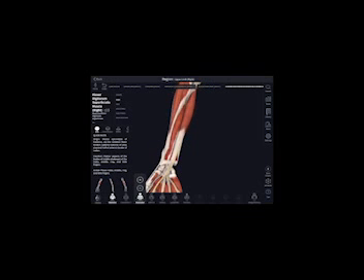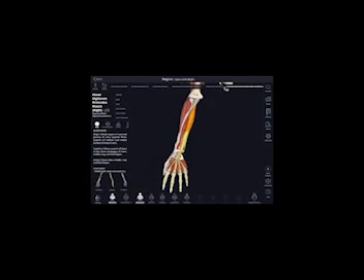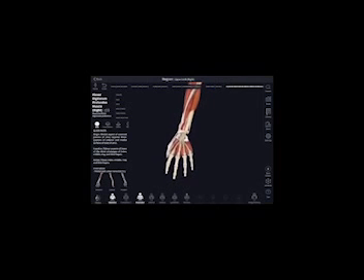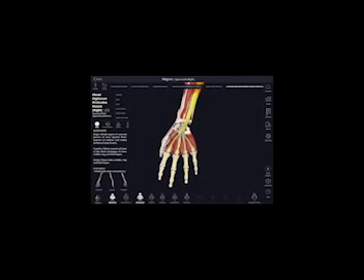Moving on to the deepest layer, here we have flexor digitorum profundus, which originates from the medial aspect of the coronoid process of the ulna. It comes down, splits into four, and inserts to each finger at the distal phalange this time.